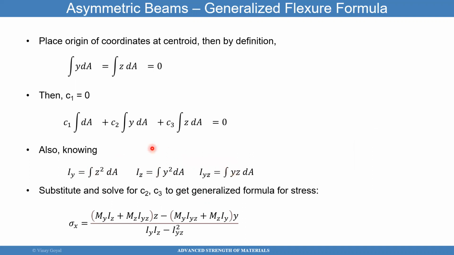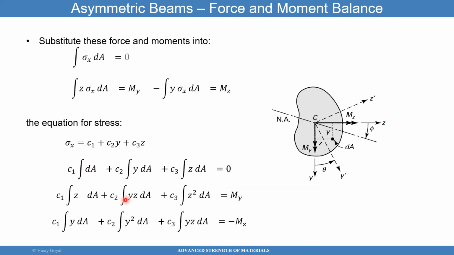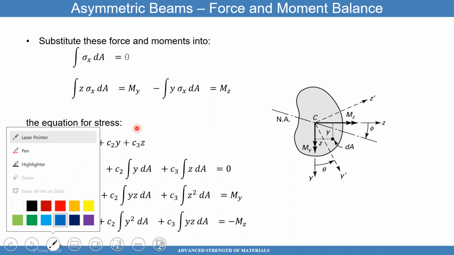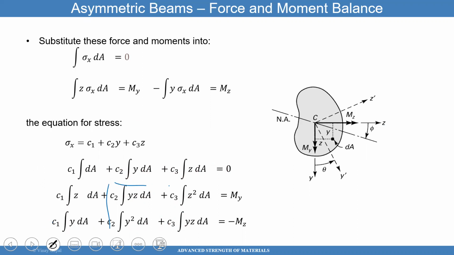So if I plug in the fact that these are the moments of inertia into these equations, I don't need the first equation anymore. I used it to determine that C1 is 0. The only thing now that you have to solve is this. You can solve for C2 and for C3.